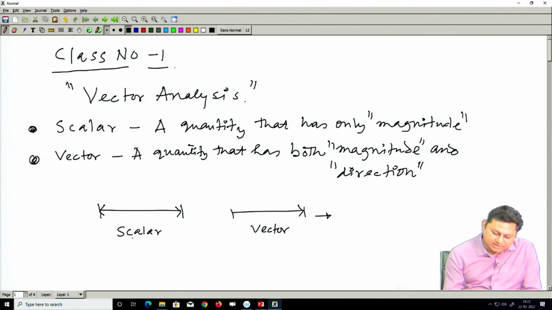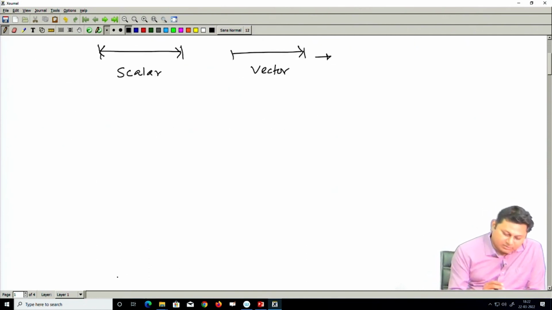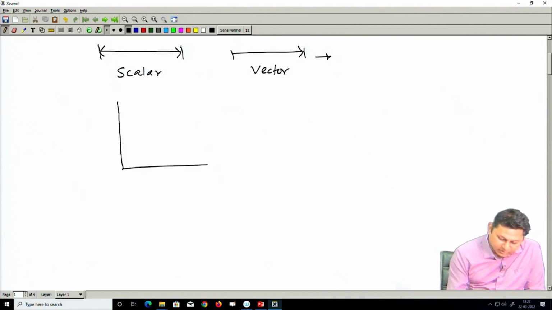Here we are just concerned about the magnitude, and here we also want to understand the direction. Since directions are important, when we define a vector quantity we should have a coordinate system, because if you fix a coordinate system, it is easier to define a vector.